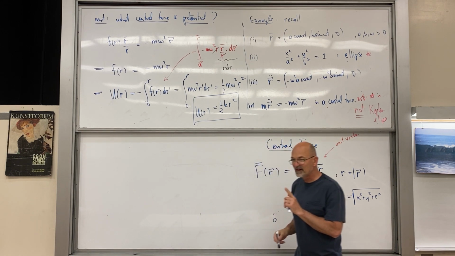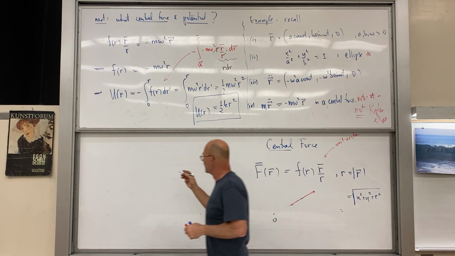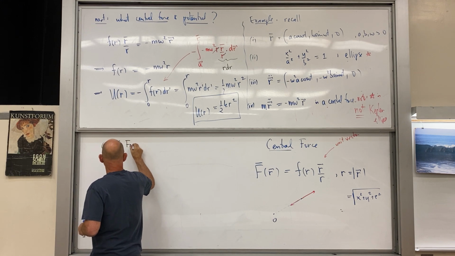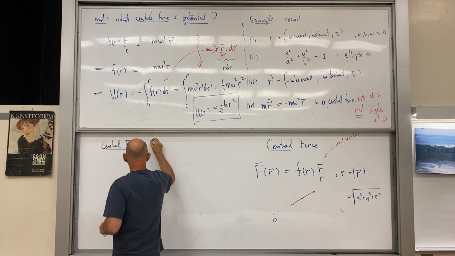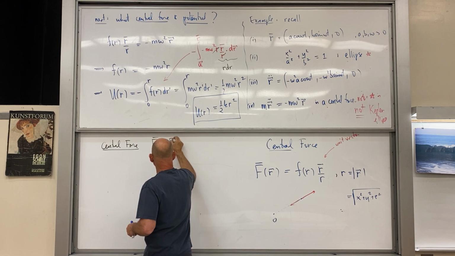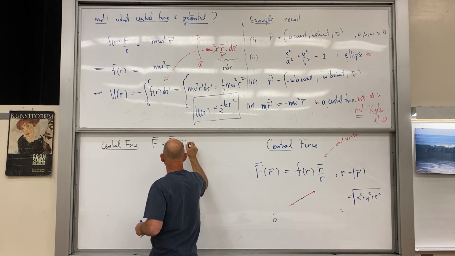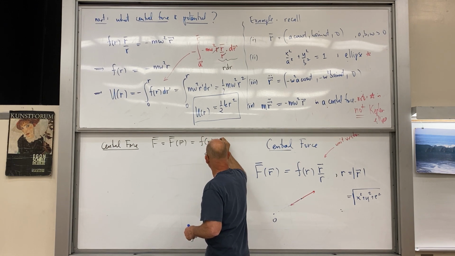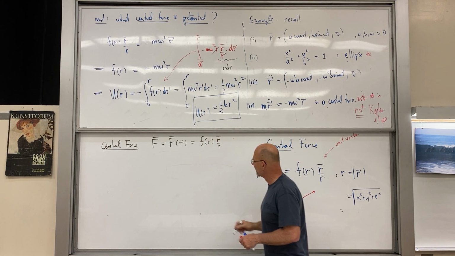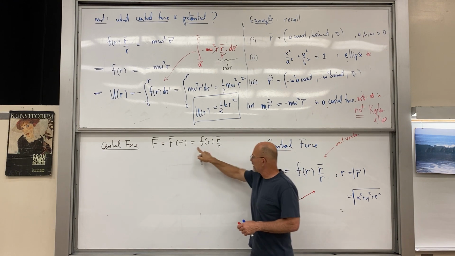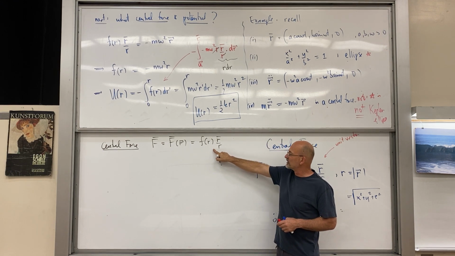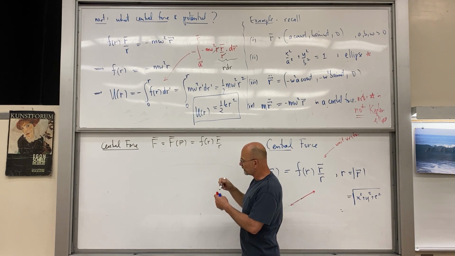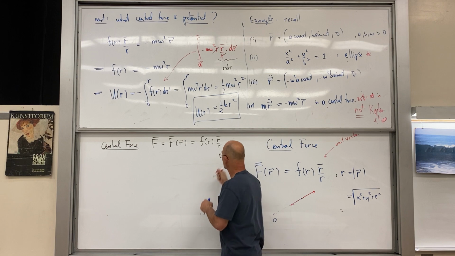When we're working with central forces, we have F is equal to F of R, and more specifically F of R times a unit vector. This is more general than this. This is the particular central force formula. This is a function as a function of position, but this is the one that's the actual central force.